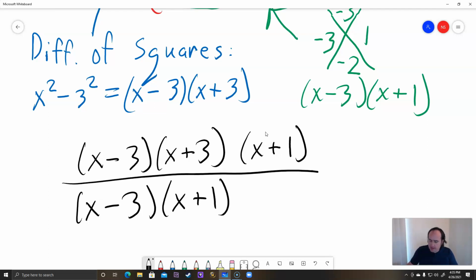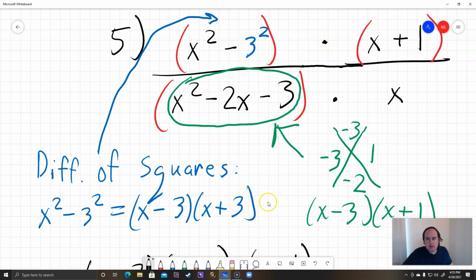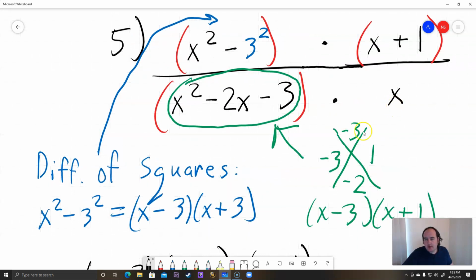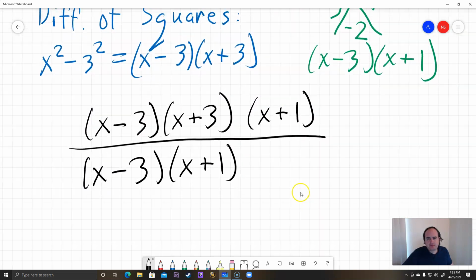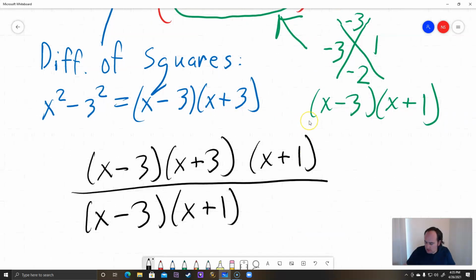And then on the bottom right, don't forget, we still have an x. So far we have x minus 3 times x plus 3 times x plus 1 all over x minus 3 times x plus 1 times x.